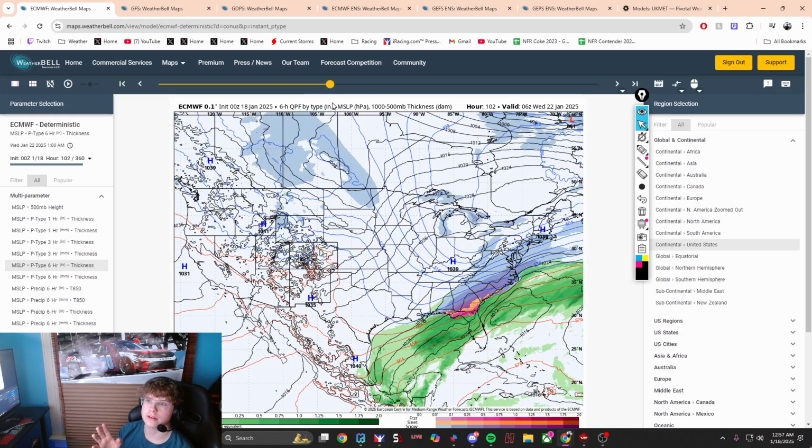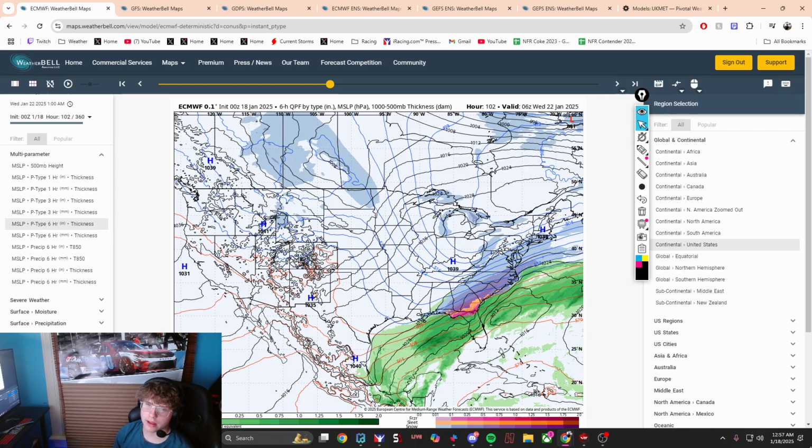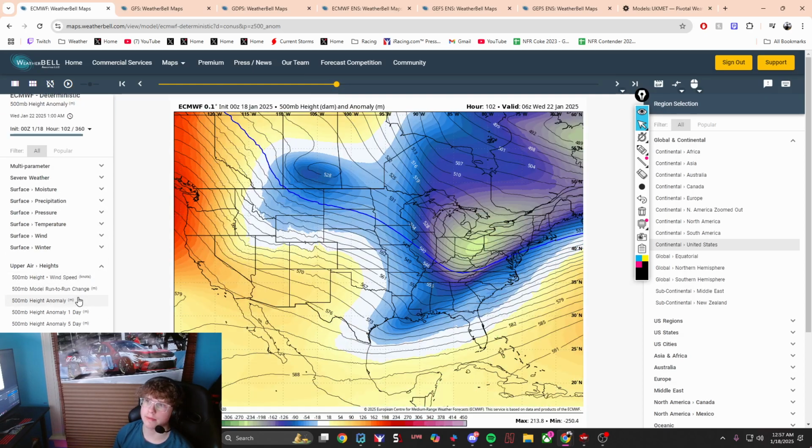For your Northeast folk, I don't think it's going to go that far, because if we look, again, at our air heights, the 500 height anomaly, you have a big dip here. And me personally, I don't think it's going to get as far north up there, because one, you have the cold air in place.